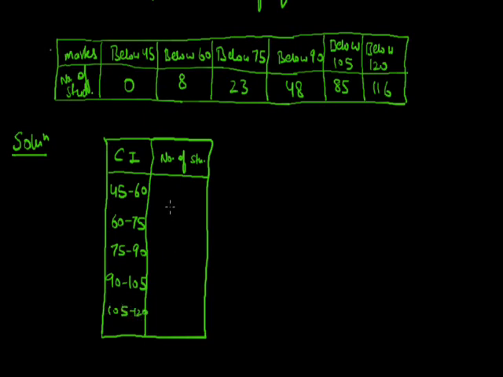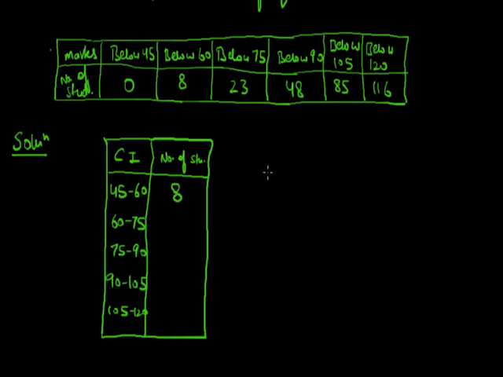Now we need to write down the number of students. Between 45 to 60, there are 8 students below 60. They will come in 45 to 60 only, because there are no students below 45. So the number of students here is 8.